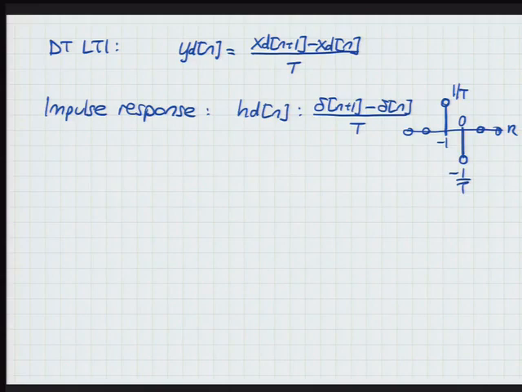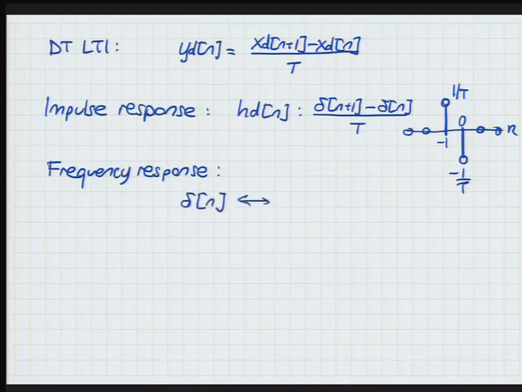Okay, so now let's look at the frequency response. Frequency response is, of course, the Fourier transform, or DTFT, of the impulse response. So what is the Fourier transform of delta of n? 1.